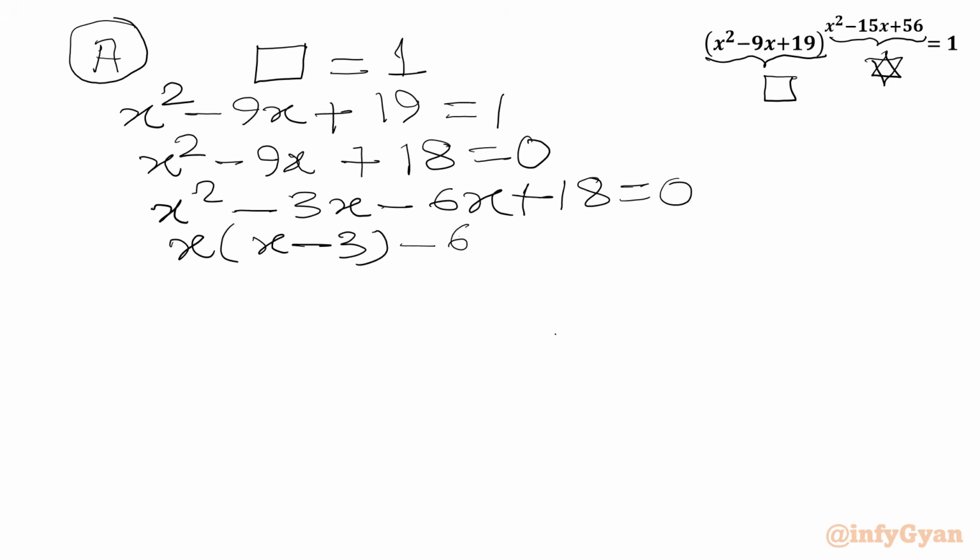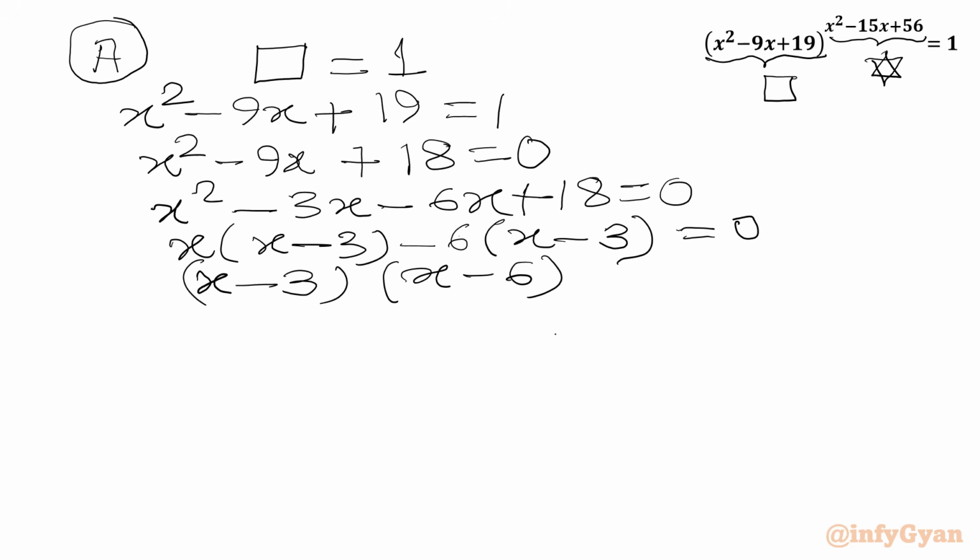From the next two terms, I can take minus 6 common out and retain the same bracket x minus 3, RHS is 0. Now we'll take x minus 3 common out. So in the other bracket, we can write x minus 6 equal to 0.